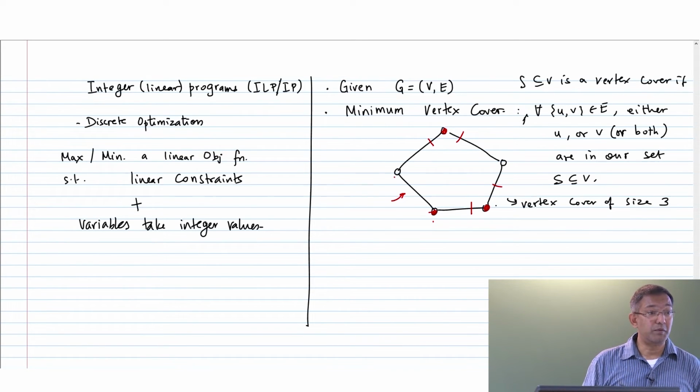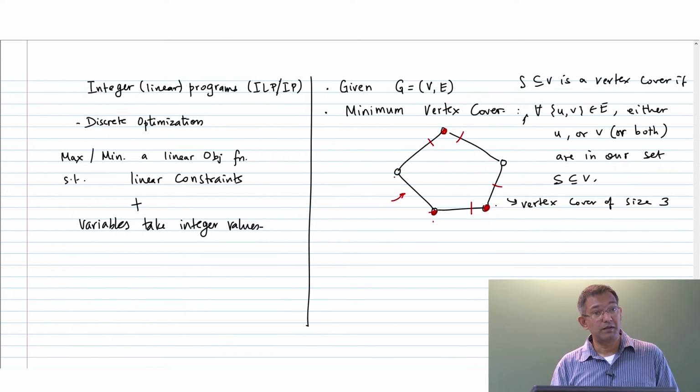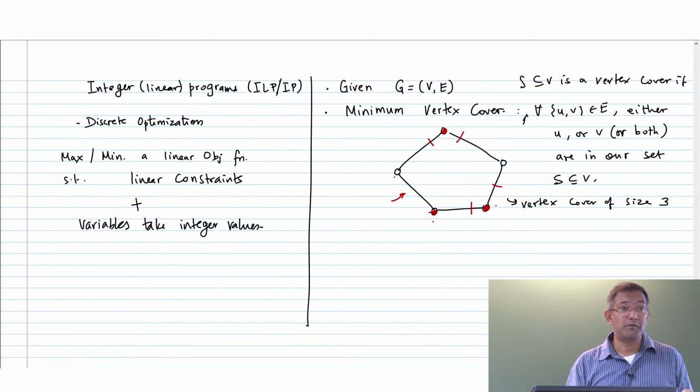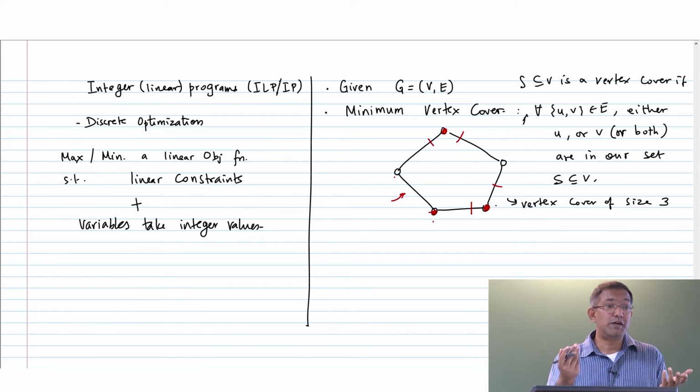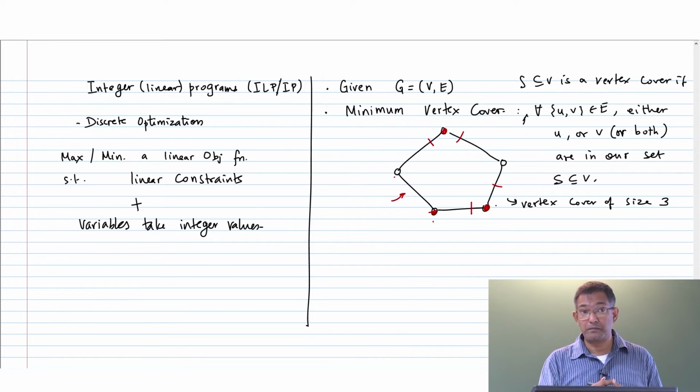Right. And what we want is to find the smallest such set that is a vertex cover. We could pick all the vertices, and that is obviously a vertex cover, right. But you can see in this graph that no two vertices form a vertex cover. You need at least 3 vertices for this example.